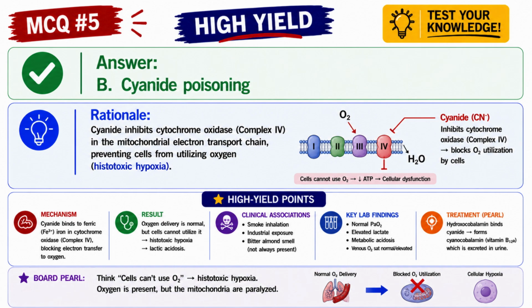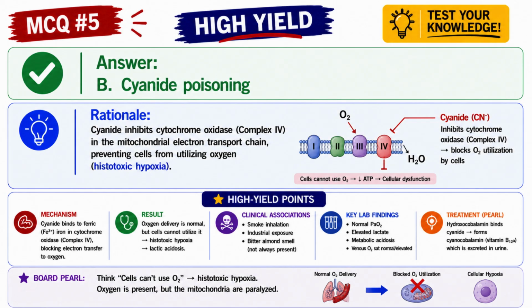The electron transport chain is blocked. ATP production ceases. Aerobic metabolism stops. The cells switch to anaerobic glycolysis, producing massive amounts of lactate, profound lactic acidosis. This is histotoxic hypoxia, toxic to the cellular machinery that uses oxygen, despite normal delivery.